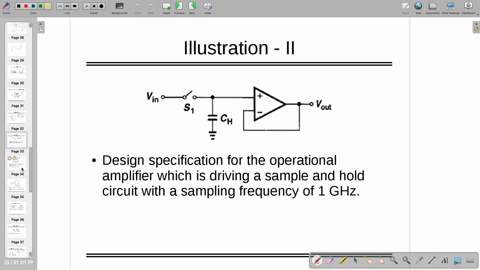Okay. But before that, let's ask you one more thing. Design specifications for the operational amplifier which is driving a sample and hold circuit with a sampling frequency of 1 gigahertz. So you need to tell me what specifications do you need.